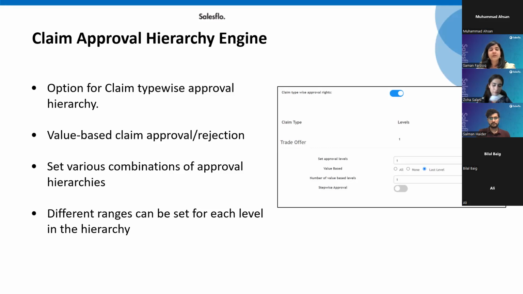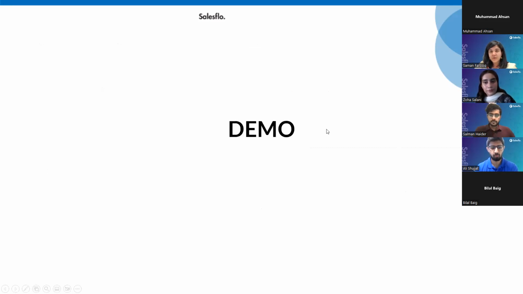That is, at every level, you can also define a value for that level, and only claims that fall in that value range will go to that user level. So Zoha or Shark will be giving you a detailed demo of how the feature works. So I'll hand over the session to them. Okay, over to you guys.